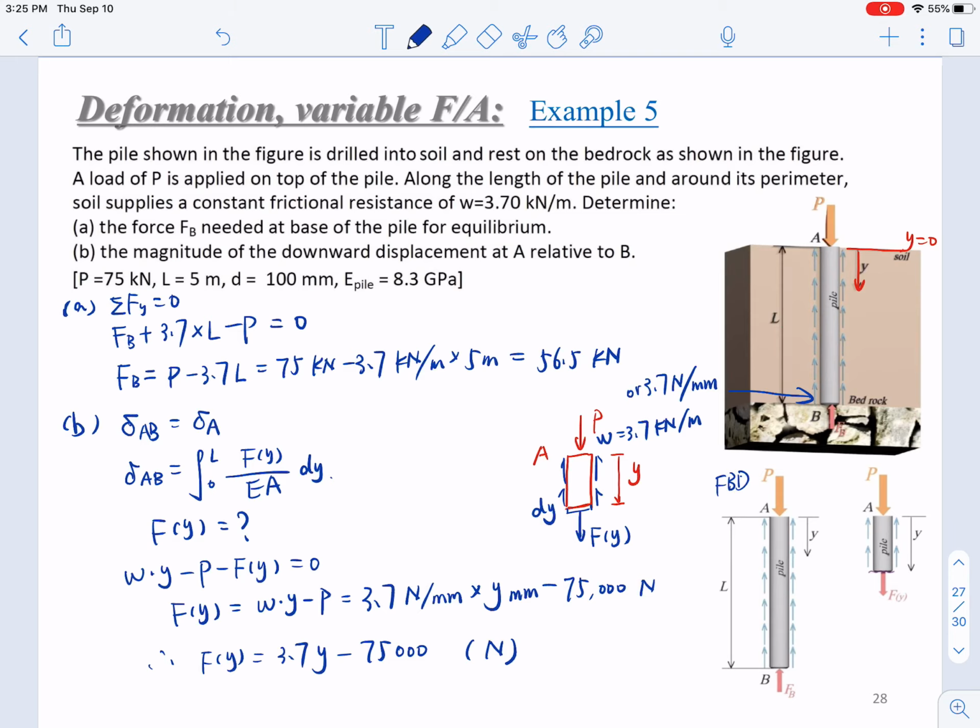Then apart from that, we have known E. This is the one we'll need, and the E is 8.3 GPa. We want to use MPa, so that would be 8,300 MPa.